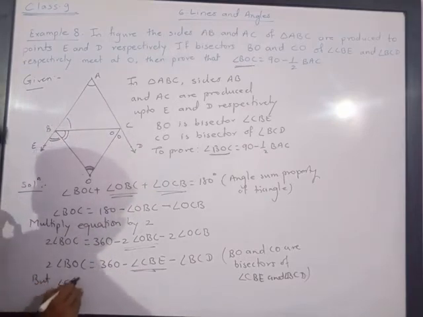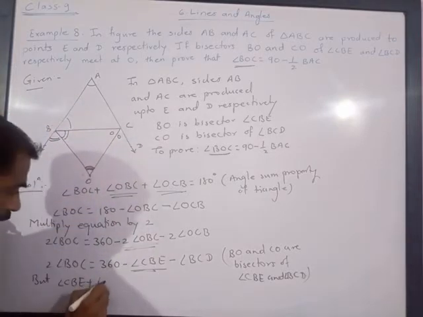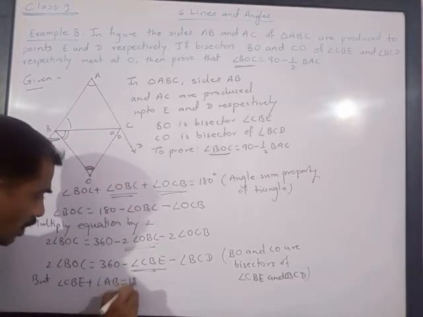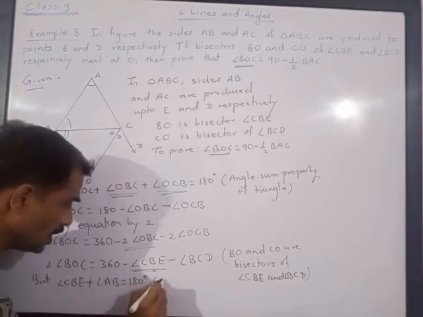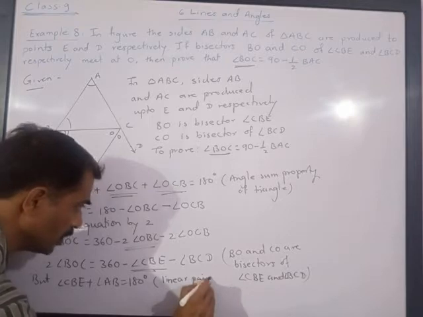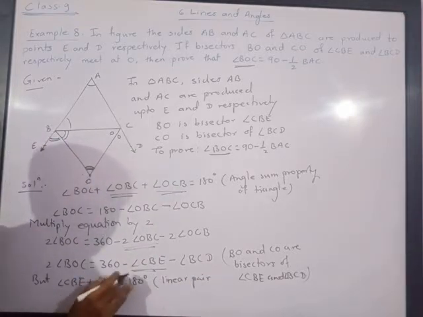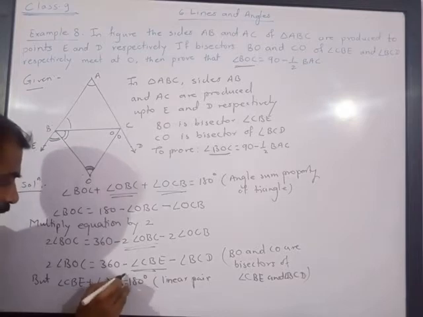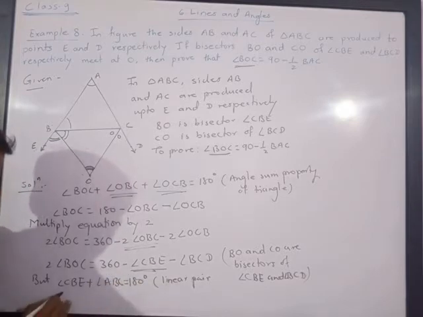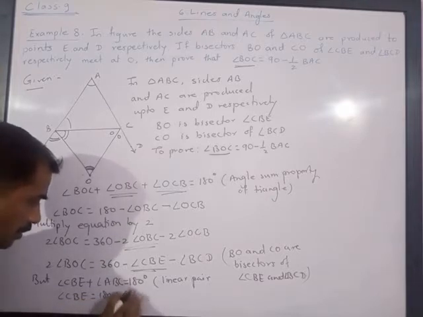Angle CBE plus angle ABC is equal to 180 degrees. Reason is linear pair. Therefore, if you transpose angle ABC to that side, I will get angle CBE is equal to 180 minus angle ABC.